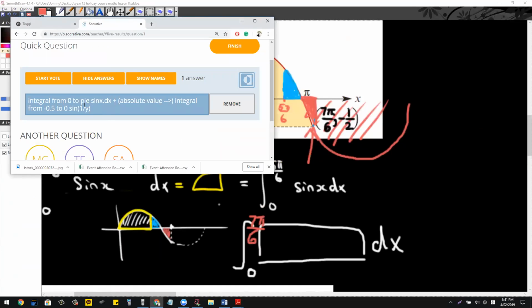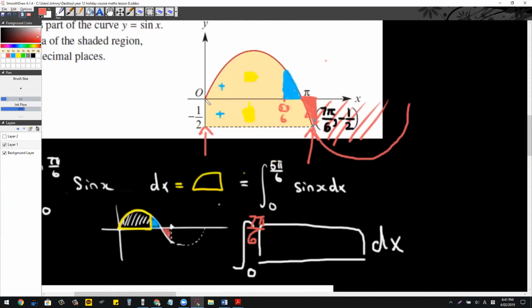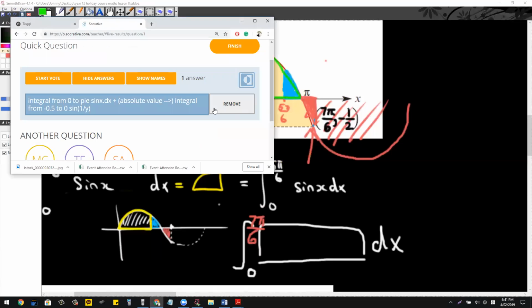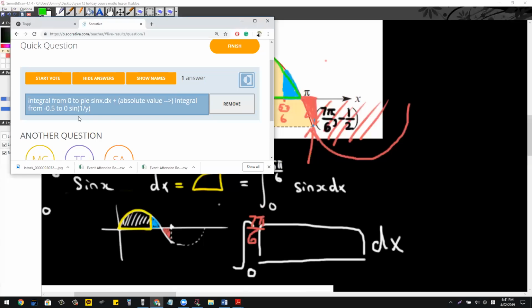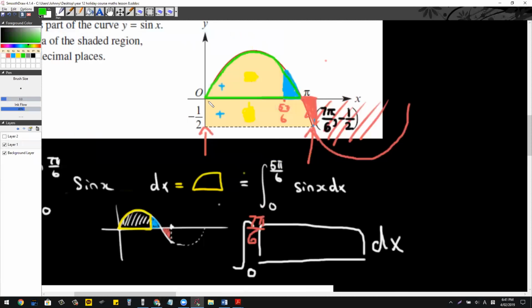All right, so this person is saying, not sure who this is, integral from 0 to pi of sine of x dx. So this person is figuring out this area first. Okay, that's good. And then plus the absolute value of the integral from negative 0.5 to 0.